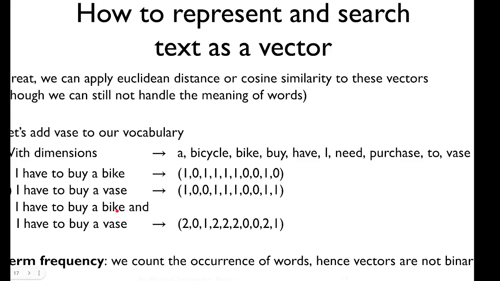So by simply counting the terms, or the words, we can do so. So this sentence gets translated into 2, 0, 1, 2, 2, 2, 0, 0, 2, 1. And we call this term frequency when we're counting the words in our messages, and we don't leave it at binary.